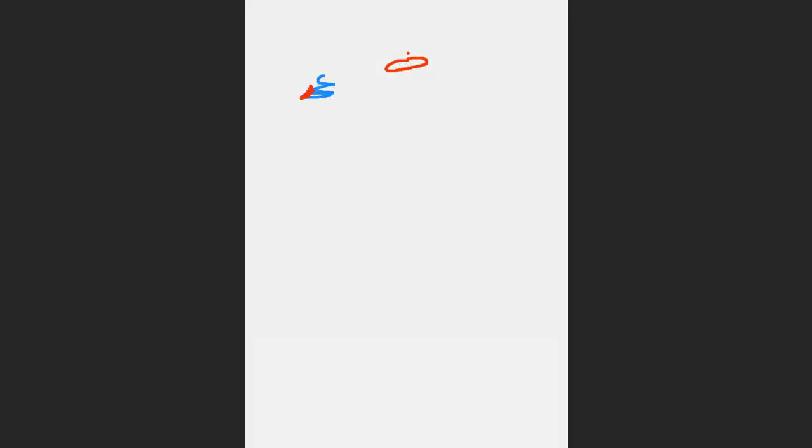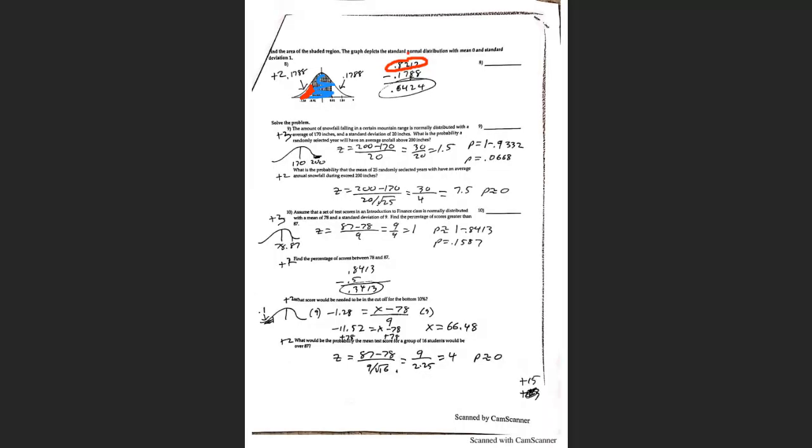So that's how we got that number right there. And now put in negative 0.92 and you'll get 0.1788. I think your calculator actually has a between feature, doesn't it? Yep, that's between. Hit between and then type in negative 0.92 and positive 0.92. And there you go, 0.6424.